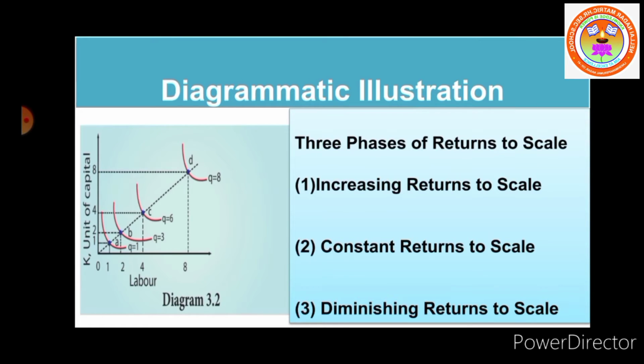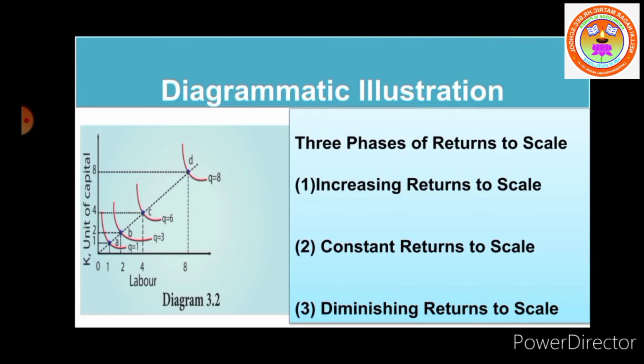The 3 laws of returns to scale can be explained with the help of a diagram. In the diagram, the movement from point A to point B represents increasing returns to scale, because between these 2 points input has doubled but output has tripled.